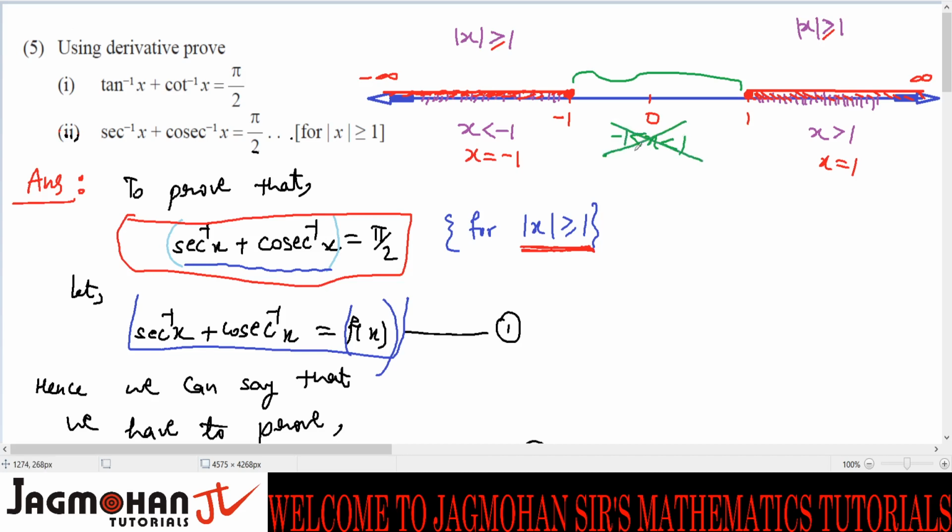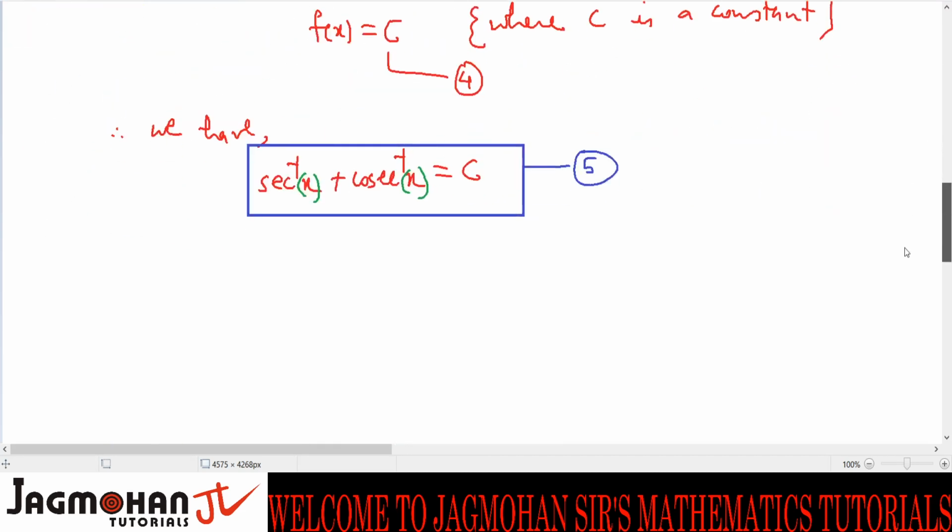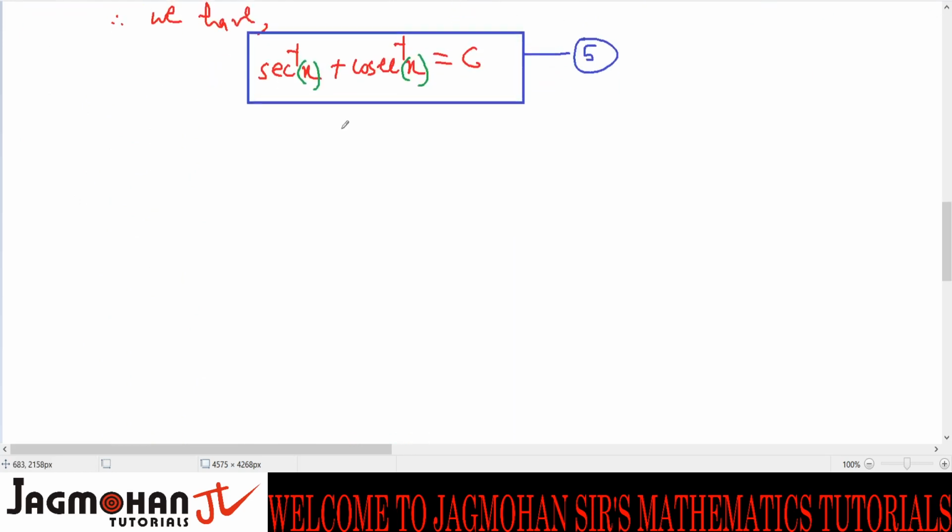Why? Because it has to be this red shaded region, x value. This was the condition. Okay, so since I can substitute any values from the given condition, what I will do is I write here, put x equals to 1 in 5. So see what I get.